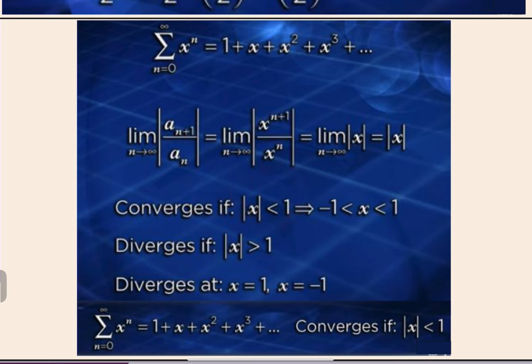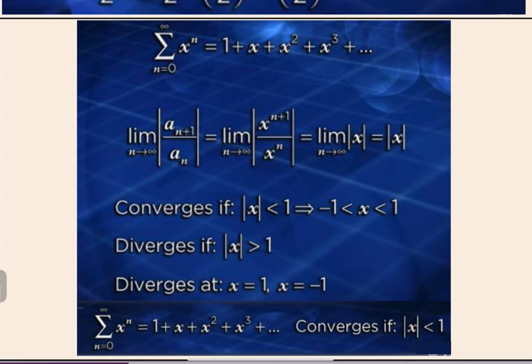So it converges when the absolute value of x is less than 1, which is the interval from -1 to 1 on the number line. And it diverges outside this interval, where the absolute value of x is greater than 1.